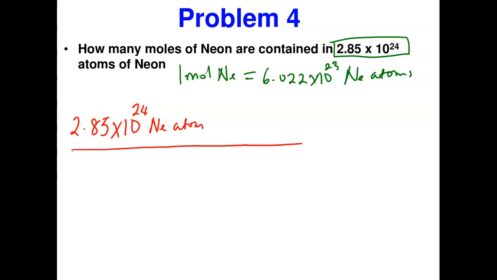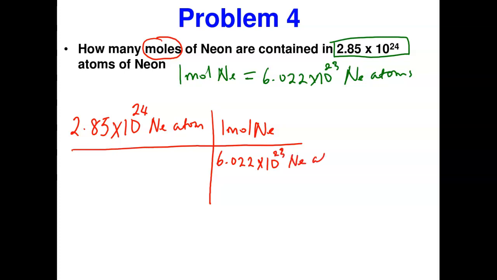Then I'm going to multiply that with my conversion. Now, of course, I want to get it in moles. My moles is going to be on top. So I'm going to have 1 mole of neon, and then I'm going to have this down, 6.022 times 10 raised to the power 23 neon atoms.